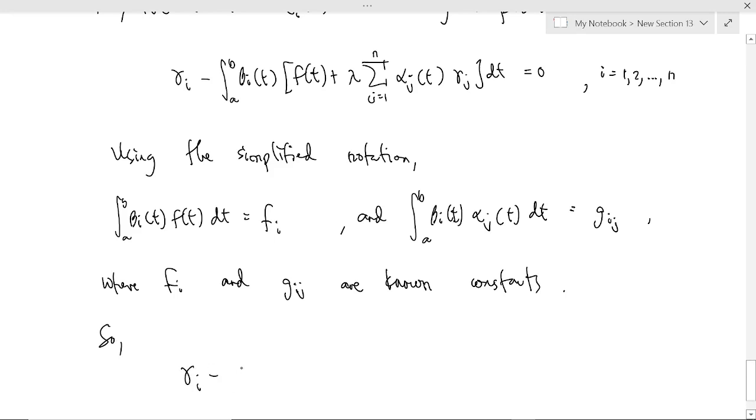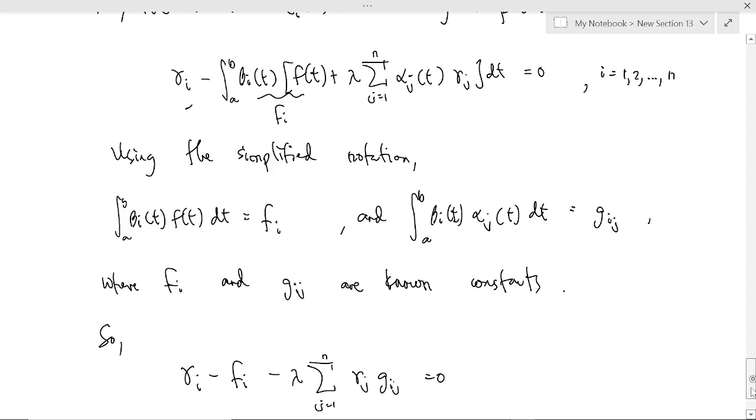So we have gamma_i minus F_i minus lambda times the sum of gamma_j G_ij, from 1 to n, and this is now equal to 0. We have gamma_i, then F_i, and then the remaining terms; of course, we have to distribute this, so we have beta_i times alpha_j, that is G_ij.